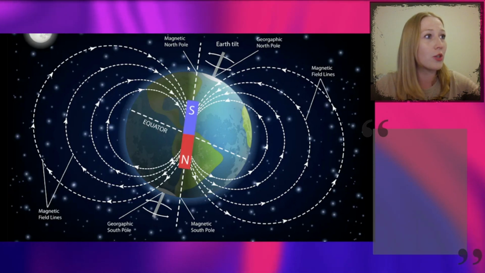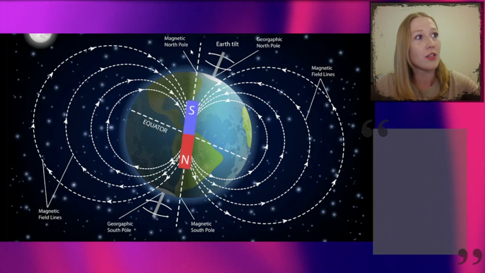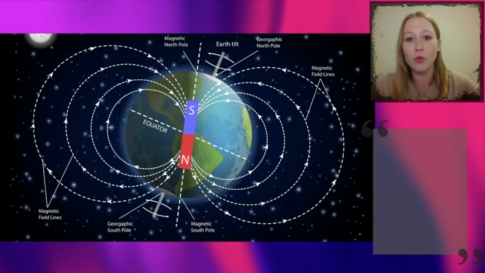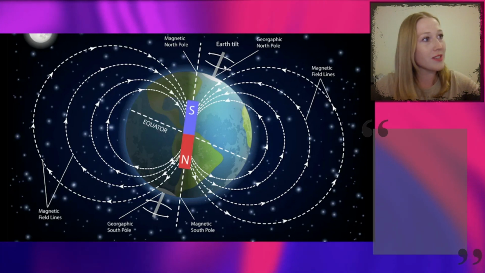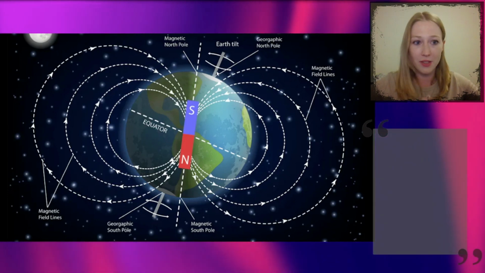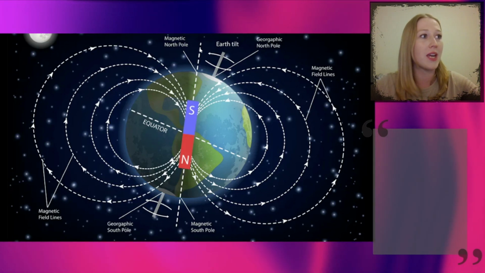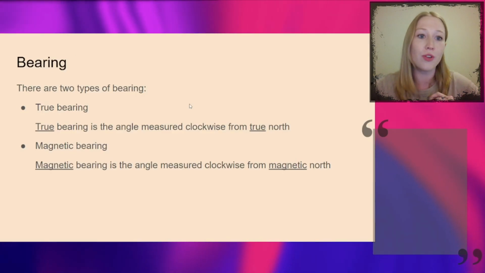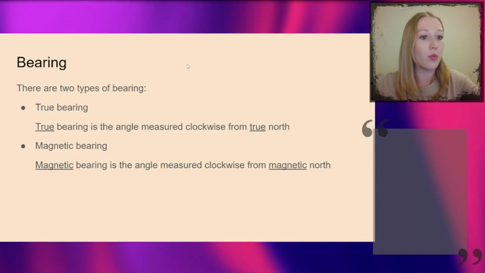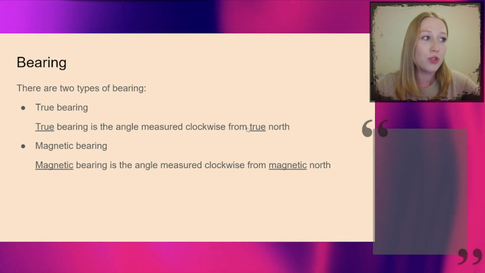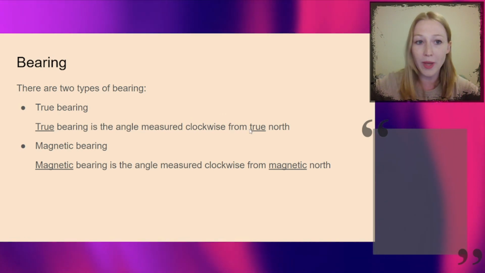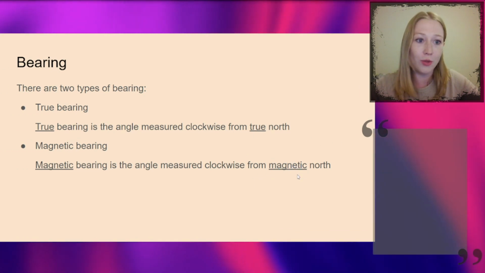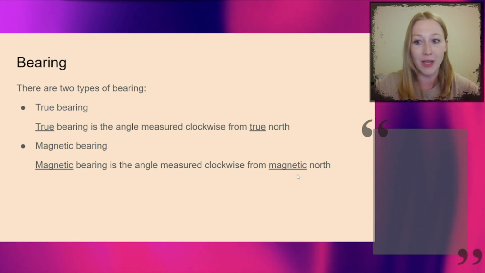You can see over here, this is supposed to be the magnetic North Pole, but then this is the North Pole on the maps. So the true north, as in on the map, is not the same as magnetic north. That's why we have two different versions of bearing. The one is where you measure from true north, that is true bearing, and the other is from magnetic north, so that is magnetic bearing.